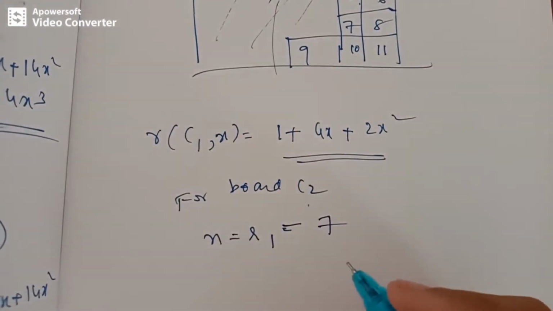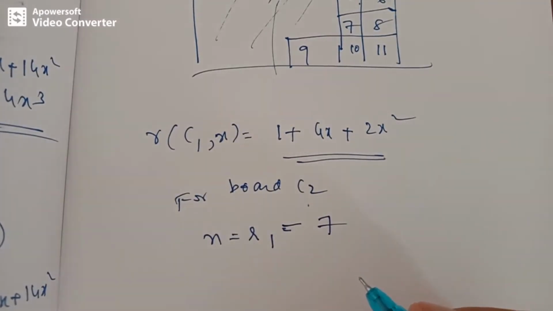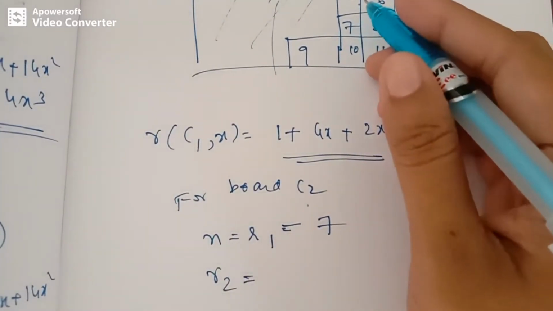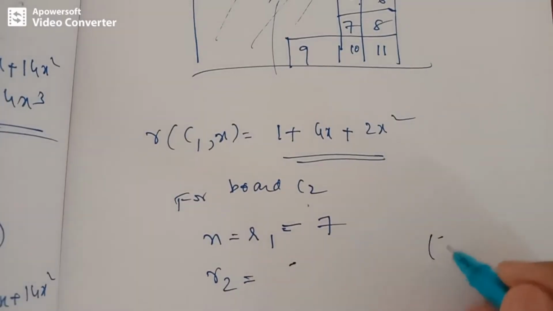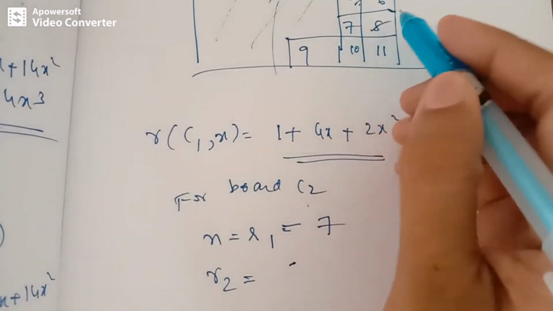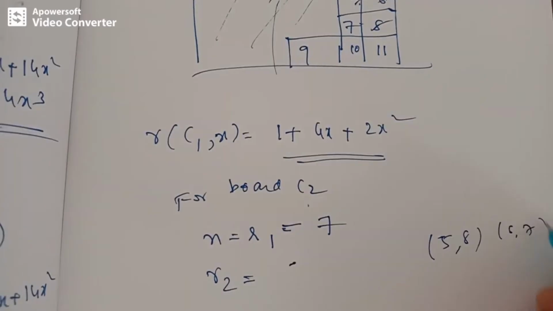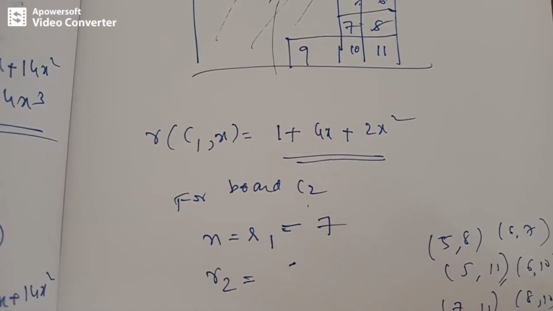And for R2, how can we place 2 non-capturing rooks? I can have the pairs 5, 8; 5, 11; 6, 10; 7, 11; 8, 10; 5, 9; 6, 9; and 7, 9 or 8, 9.